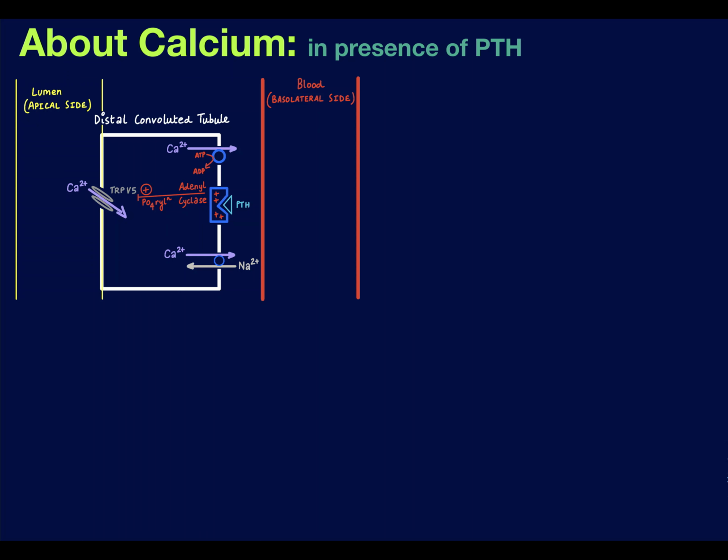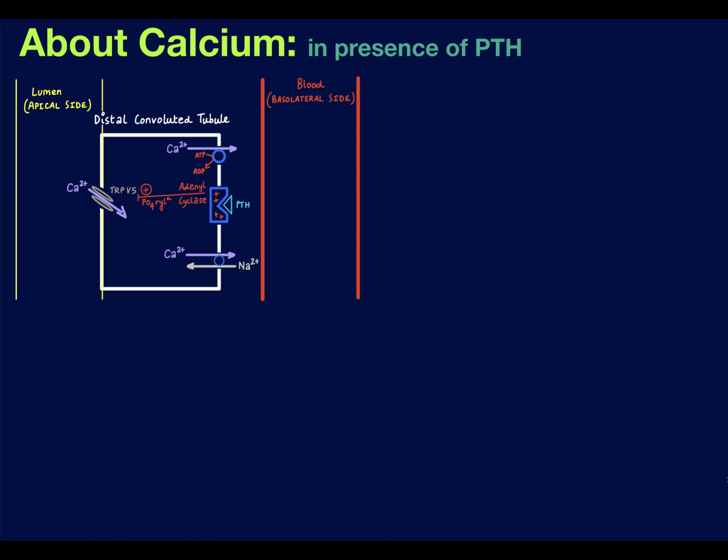Thus, adenyl cyclase causes phosphorylation of the TRPV5 and TRPV6 transporters. The only difference here from the phosphate reabsorption is that in calcium reabsorption, the phosphorylation of TRPV5 and TRPV6 transporters stimulates them, whereas in phosphate reabsorption, phosphorylation of the NPT2A and NPT2C transporters inhibits them.